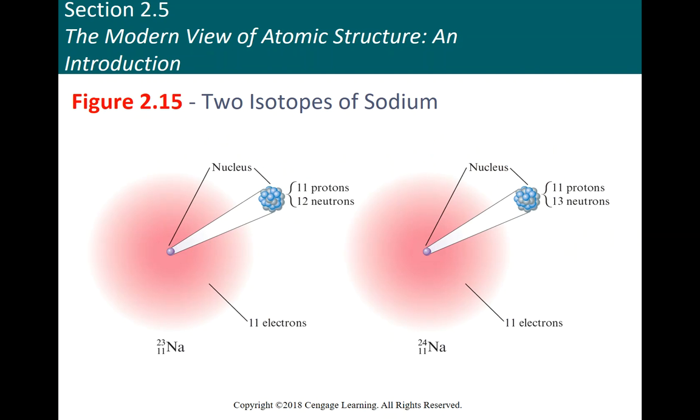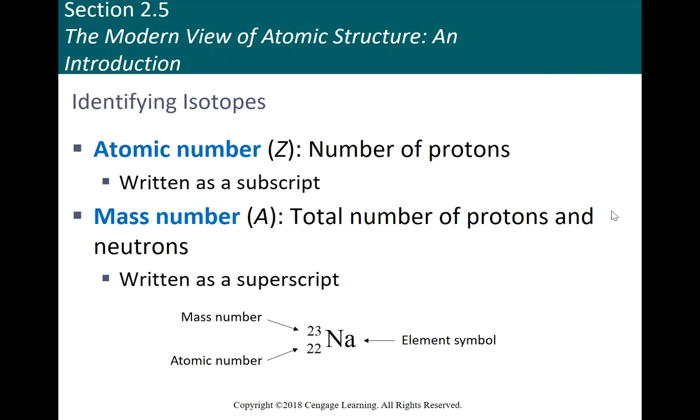So this slide shows 2 isotopes of sodium, sodium-23 and sodium-24, and if you'll notice, both have 11 electrons, both have 11 protons, but what they differ in is the number of neutrons. And so isotopes will differ in the number of neutrons, causing them to differ in mass.